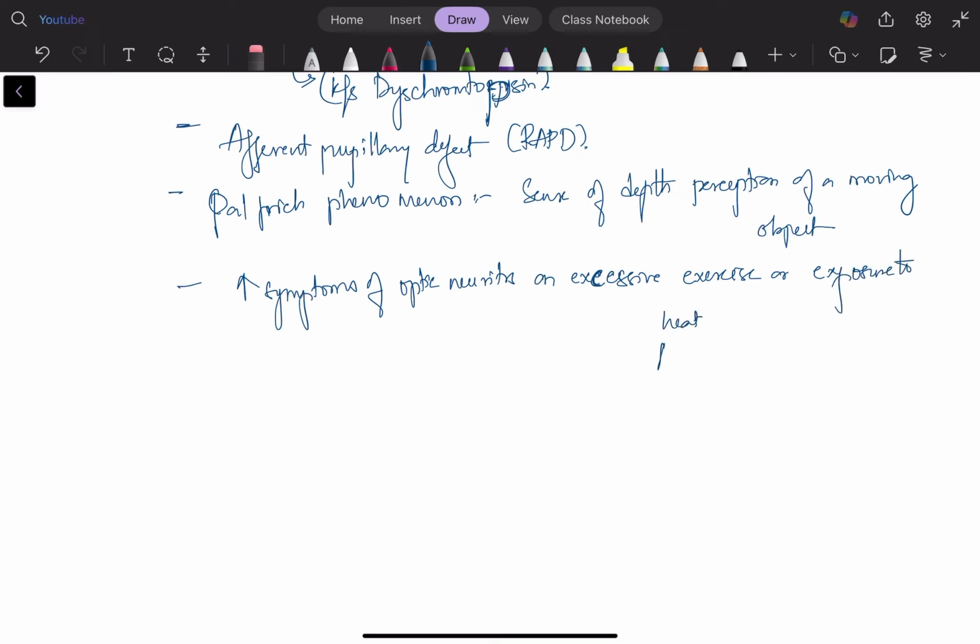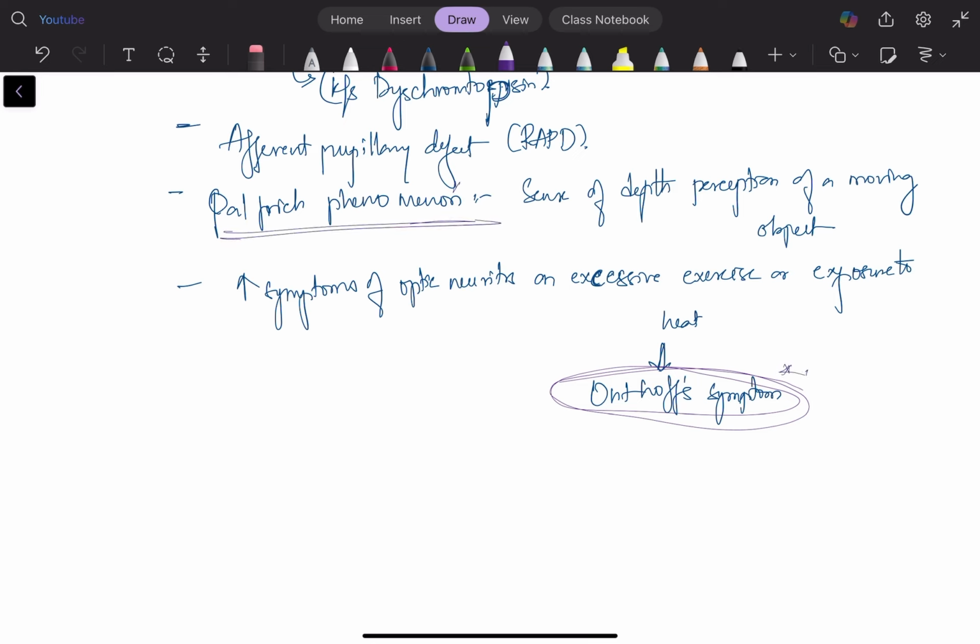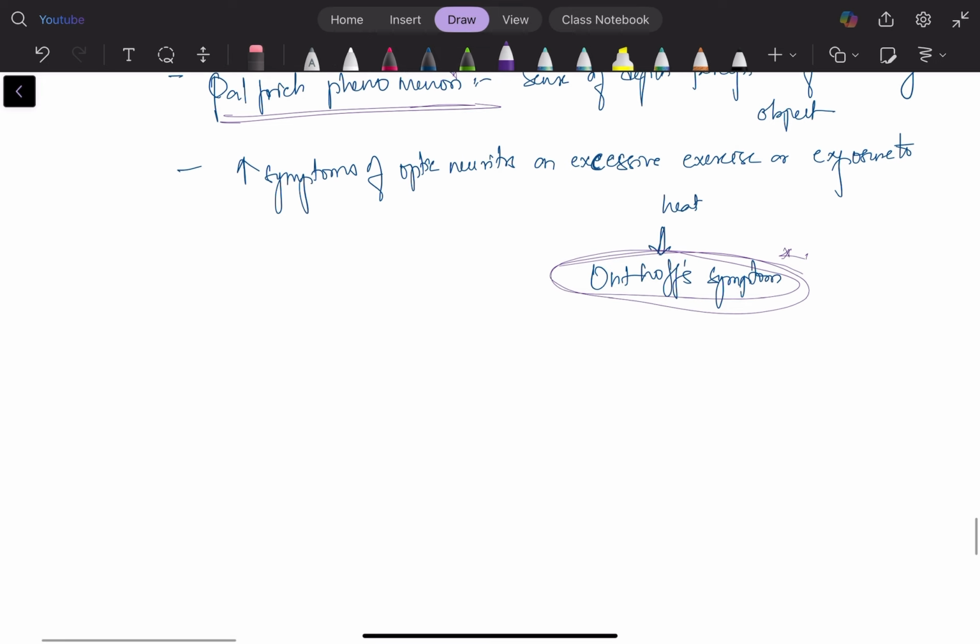What do we call this, an important point? Uhthoff's symptom. So we have two named topics related to this clinical feature: Pulfrich phenomenon and Uhthoff's symptom.